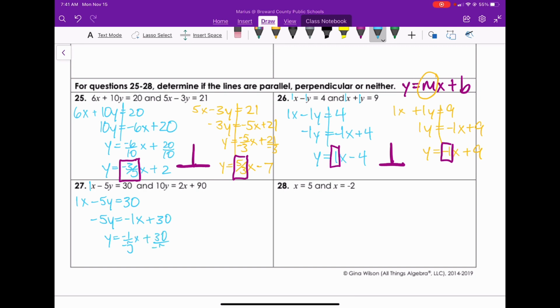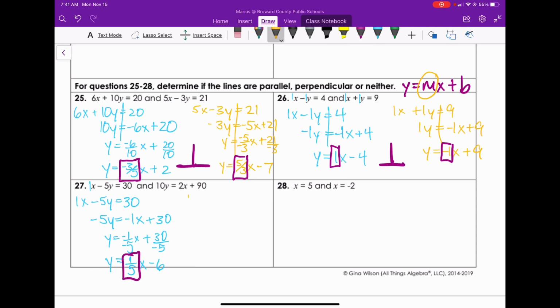And when we do that, our final answer, when we simplify everything, negative 1 divided by negative 5 is positive 1/5, okay? So that's positive 1/5 x. Let me rewrite that. And then positive 30 divided by negative 5 is negative 6. But the only thing we're focused on is the slope, okay?